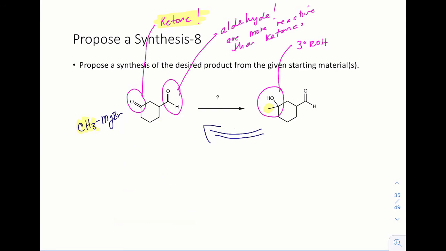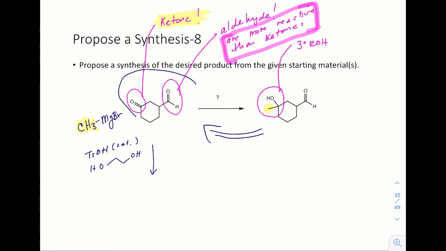Yes, we should protect the aldehyde. Now, we can protect the aldehyde precisely because it is more reactive than ketones. So this is a blessing and a curse. And because aldehydes are more reactive than ketones, this will actually work.